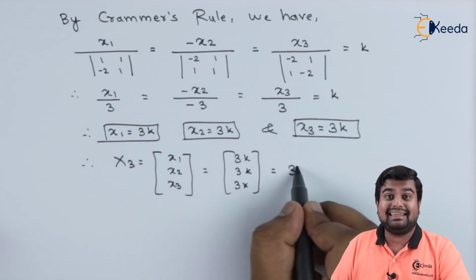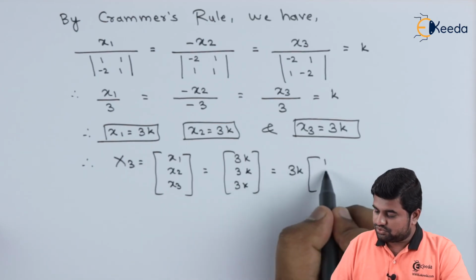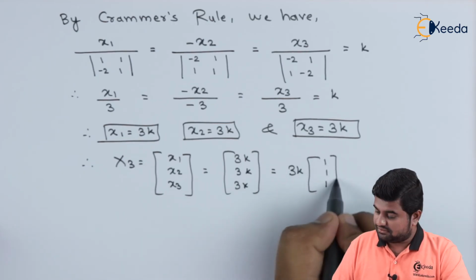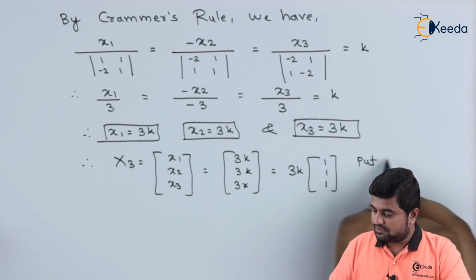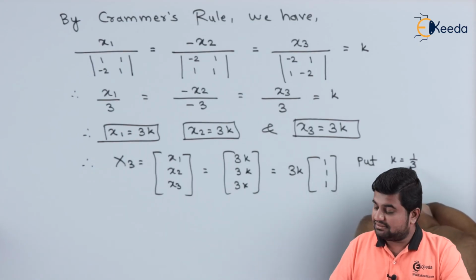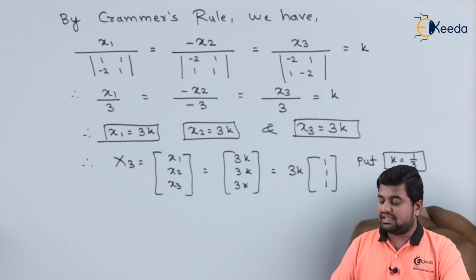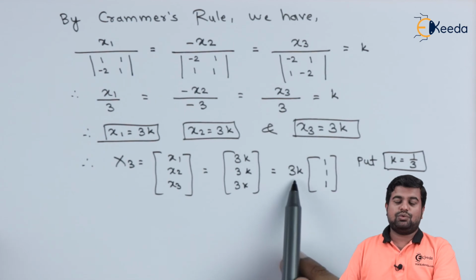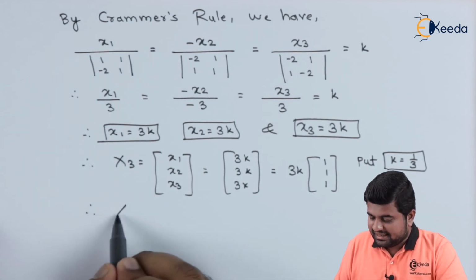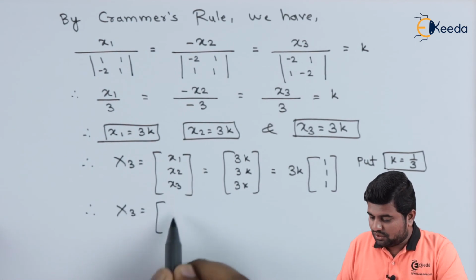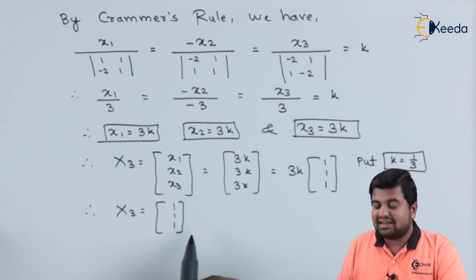I'm going to take 3k out, so we'll have 1, 1, 1. Now we'll put k is equal to 1 by 3. If we put k is equal to 1 by 3 over here, 3 into 1 by 3 is 1 and therefore x3 is going to be 1, 1, 1.